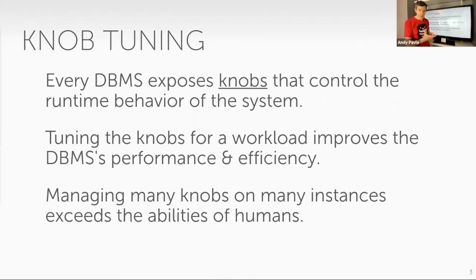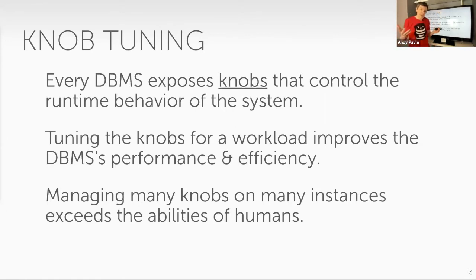So think buffer pool sizes, caching policies, log file sizes, and so forth. Every database system exposes these different knobs. There isn't a standard taxonomy across them, right? They all have their own thing. And so if you can tune these knobs correctly for your database system, you're essentially customizing the system for the application that's running on it, right?